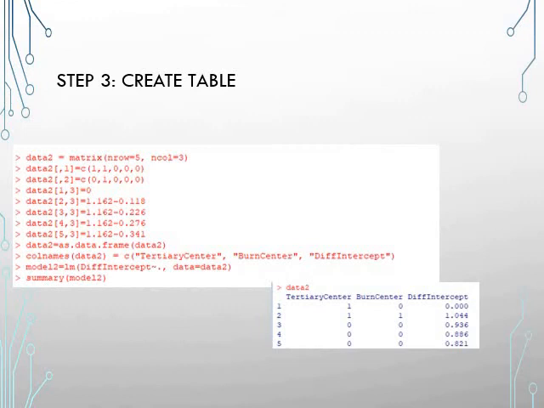For step 3, we create the table that describes the hospital characteristics using the following R code.